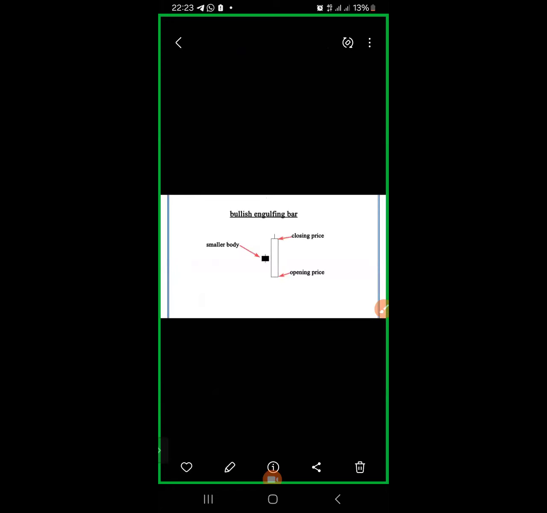The larger body has engulfed the smaller body for the bullish engulfing bar candlestick chart pattern. You can always find this chart pattern in the downtrend. The market was being pushed down and this formed, meaning that sellers have completely lost control of the market and we are now ready for the reversal. Buyers are now ready to take over.